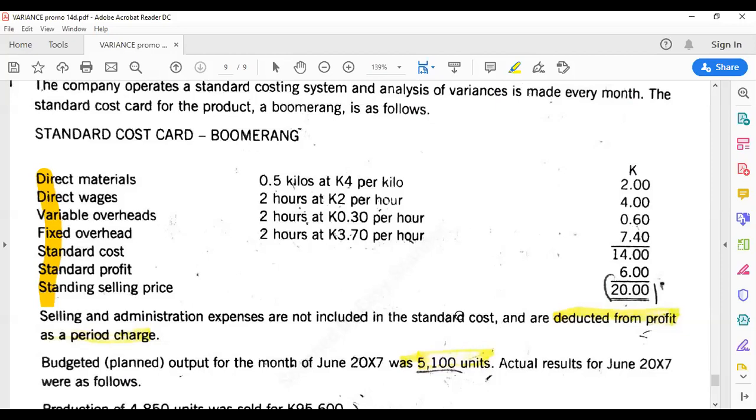A material variance is a variance which has two things. It has what we call price and usage. So there's price and usage. Let's go, we begin with material variance.